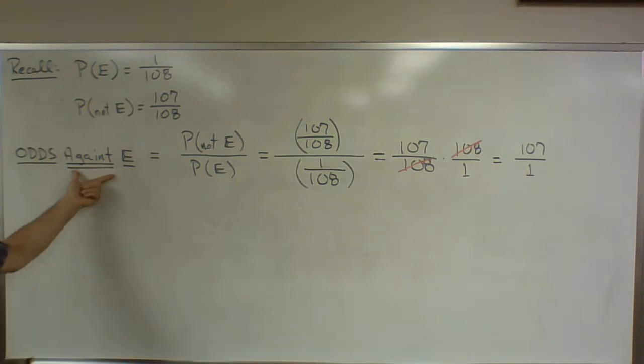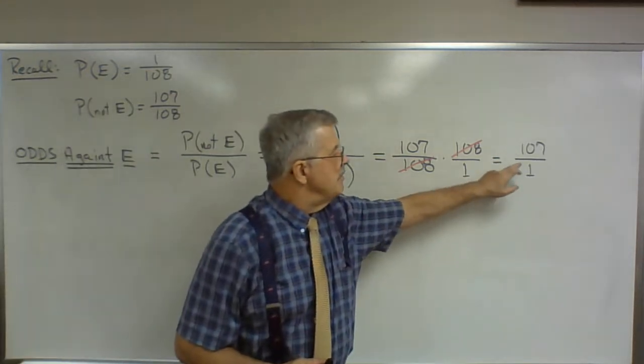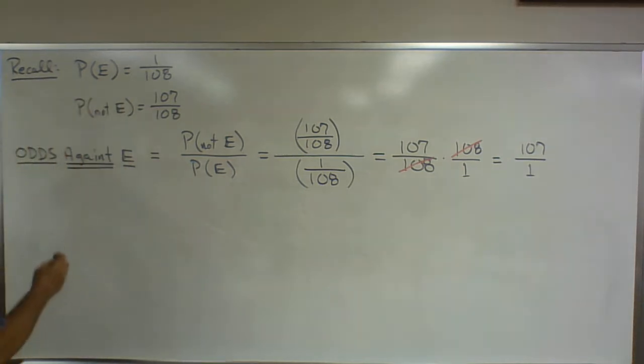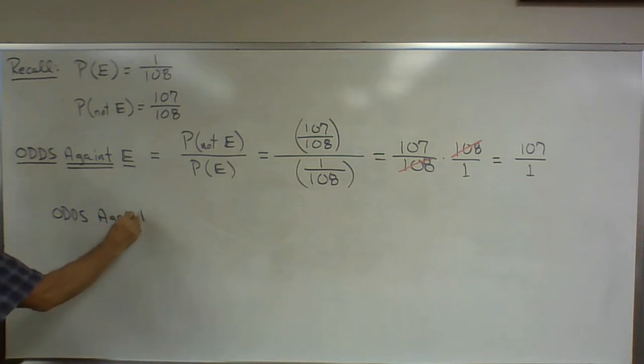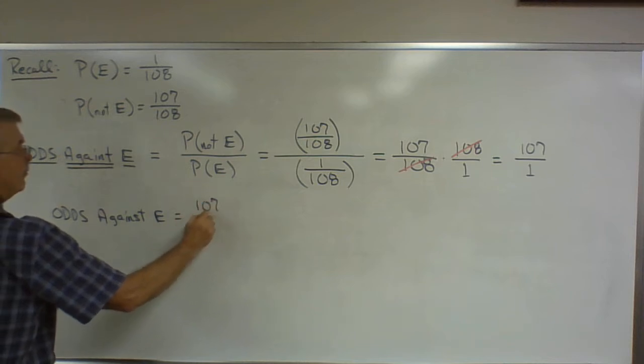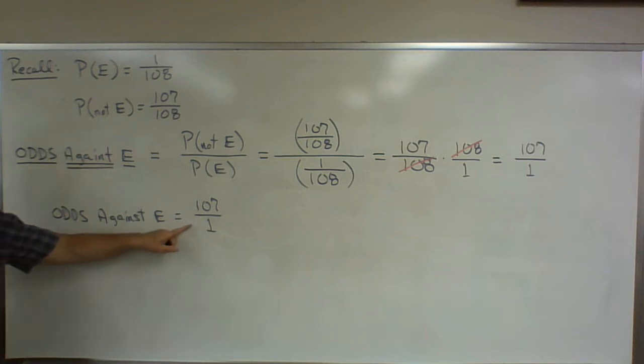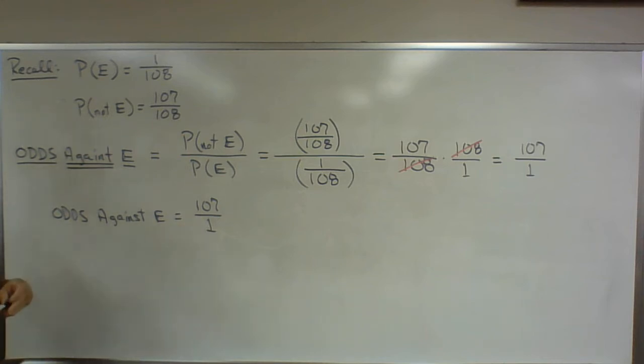The odds against E happening, the odds against a person dying in an automobile accident, 107 over 1. Some people may just say 107, since this reduces to a whole number.